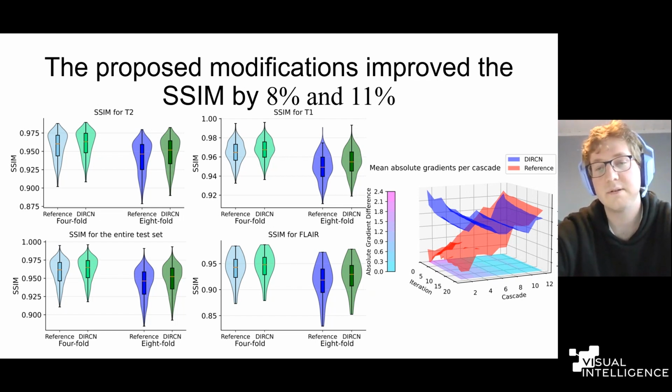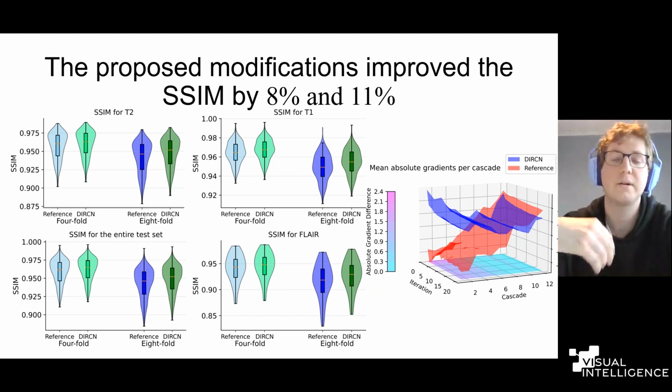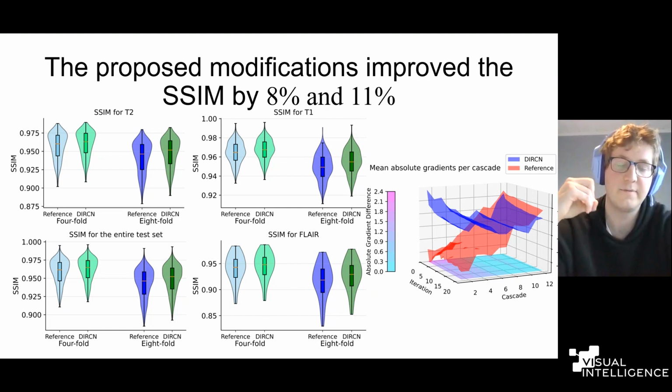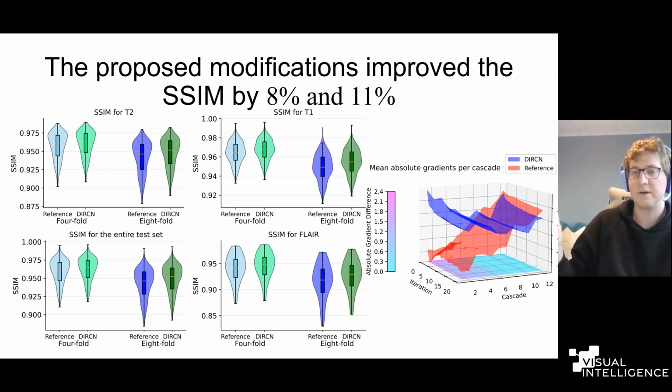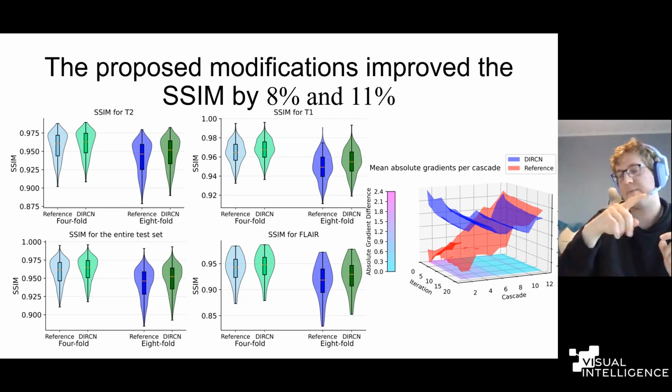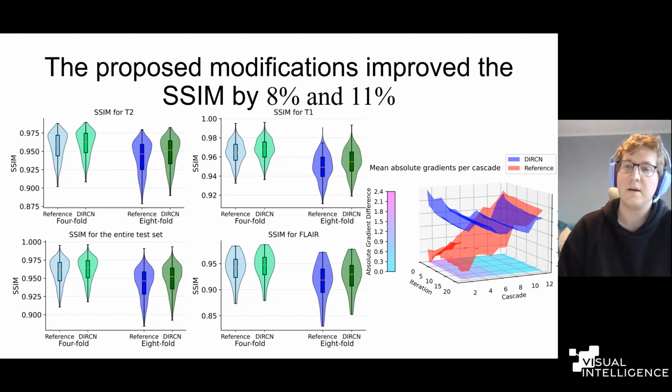And we were also curious to see if the implemented alterations in the network actually improve the gradient flow. Did it actually make the gradients propagate better? So we trained a model where we calculated the mean gradient for every single subnetwork. So if you have 12 CNNs, we calculated the mean gradient for the first, second, third, fourth, all the way to the last one, for both the reference model and the proposed model with alterations.